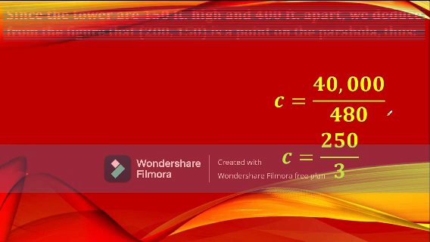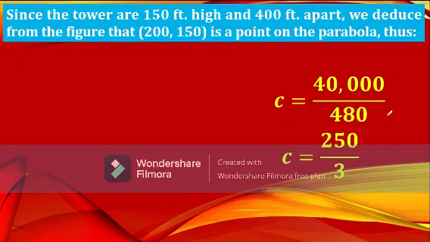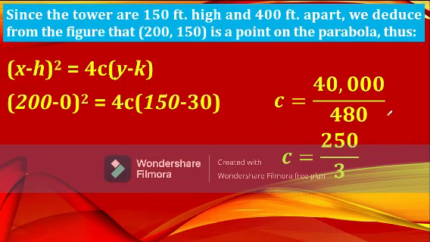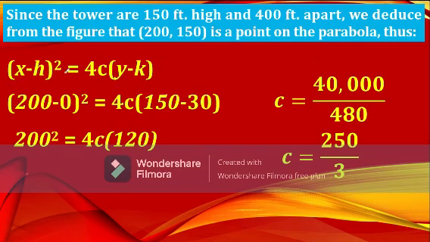Okay. So since the towers are 150 feet high and 400 feet apart, we deduce from the figure that 200, 150 is a point on the parabola. Thus, (x minus h) squared is equal to 4c times (y minus k). Then 200 minus 0 squared. 200 is the x coordinate of the point, minus 0 quantity squared is equal to 4c.